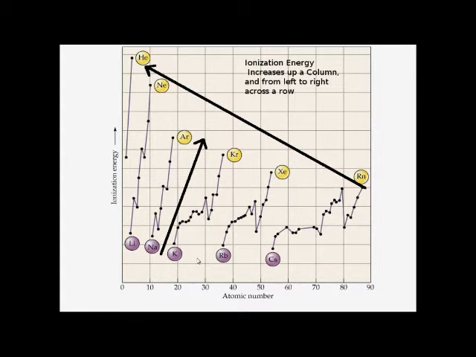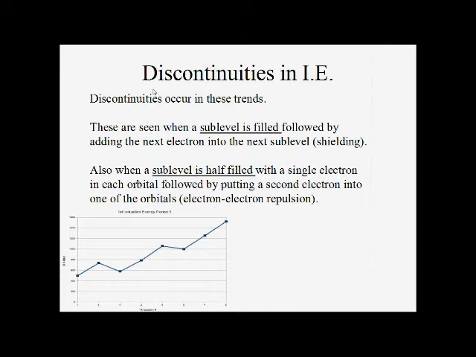So we see that the alkali metals have the lowest ionization energy and the noble gases have the highest ionization energies. And we do see that there are some steps on this trend, some exceptions to this trend, and we will look at those exceptions also. These exceptions are discontinuities in the ionization energy.